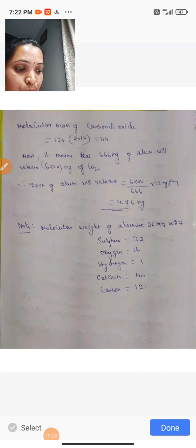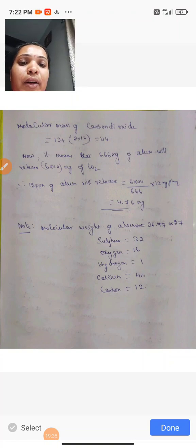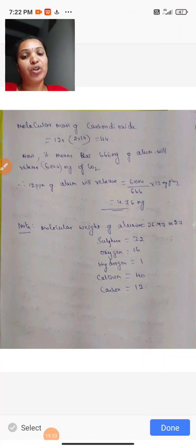So now we have to calculate for the 12 ppm of alum. How much carbon dioxide is released from the 12 ppm of the alum? That means 12 milligrams per liter of the alum will release how much quantity of carbon dioxide, we have to find out.